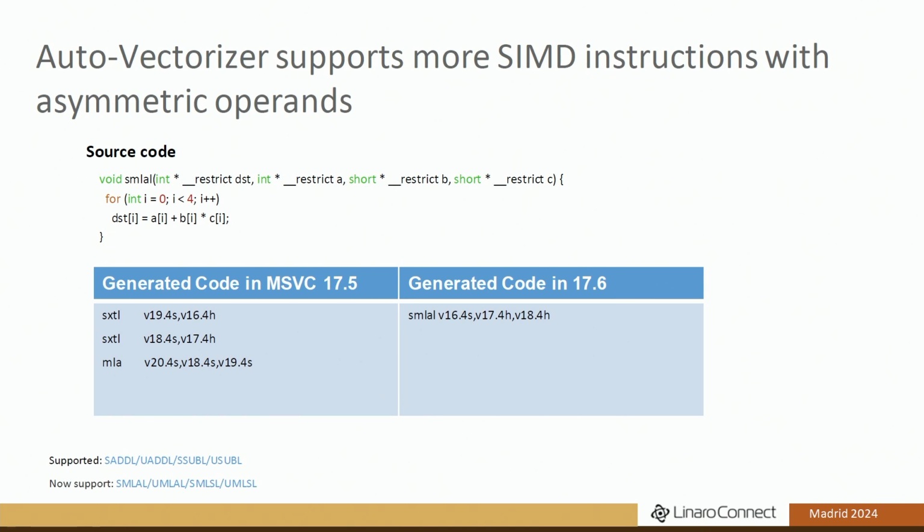So at the bottom in the table here, we do a comparison between before the optimization and after the optimization. For the left table, the first 2 instructions basically just sign extend the shorts into int size.